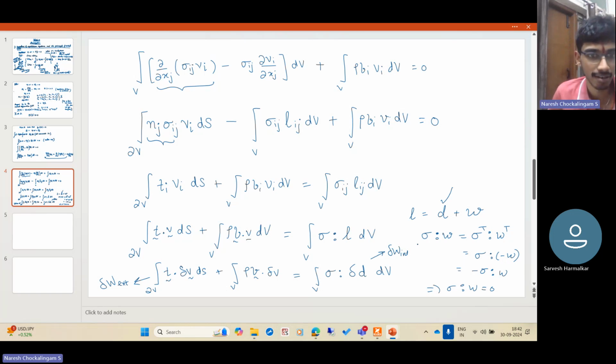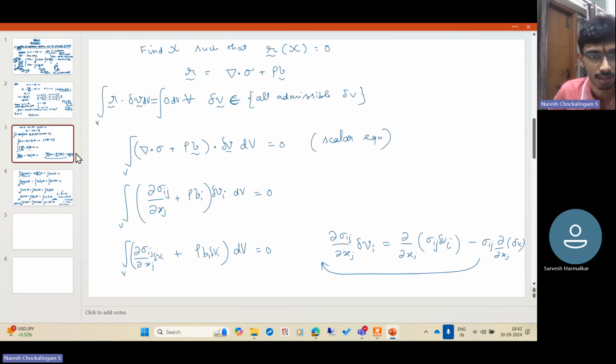So what we have shown is fine, and there's nothing special about the del v that we have chosen, so this should hold for arbitrary del v. You can easily reverse the steps and arrive at this.